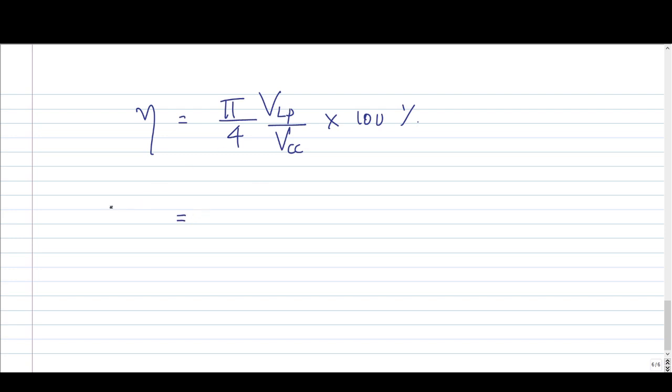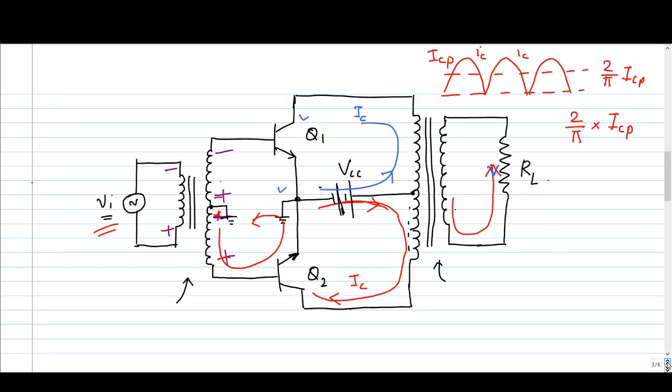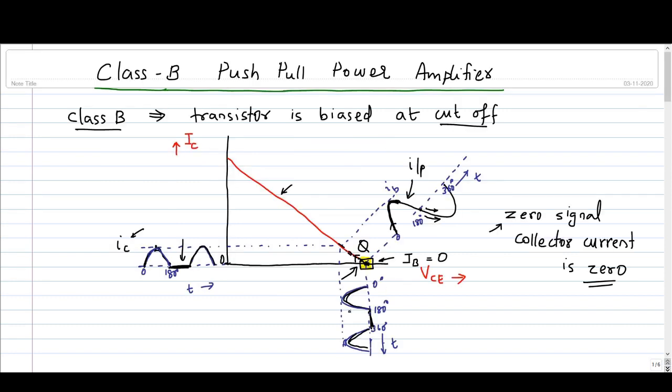So what will be the maximum conversion efficiency? Maximum conversion efficiency will be available when this VLP goes to its maximum possible swing. You can go back to the DC load line circuit figure. We can see that the maximum possible swing in the load voltage is this, and that is VCC. This point is VCC comma 0, as we have studied earlier.